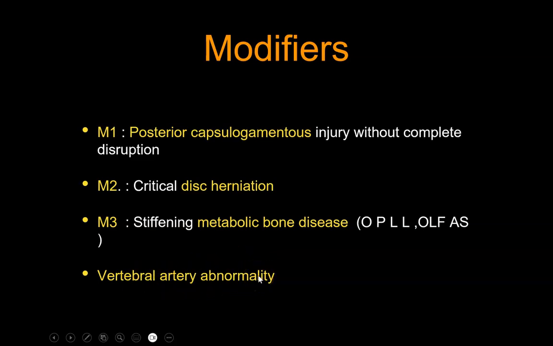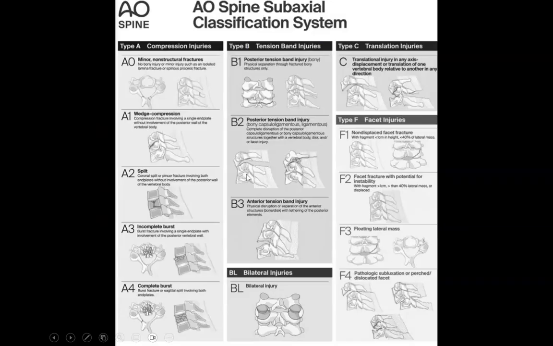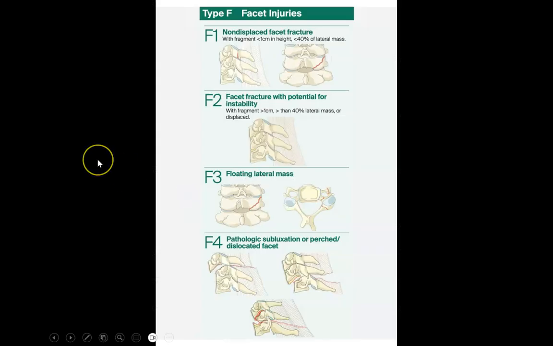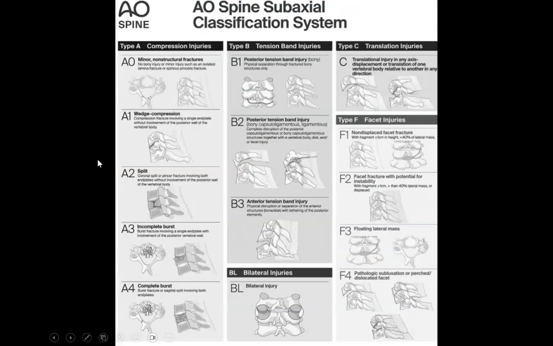So some modifiers you can consider: the displacement, associated disc, the quality of the bone, and what happened to the vertebral artery. You can add to the classification. So you can say, for example, this is a split vertebral body.